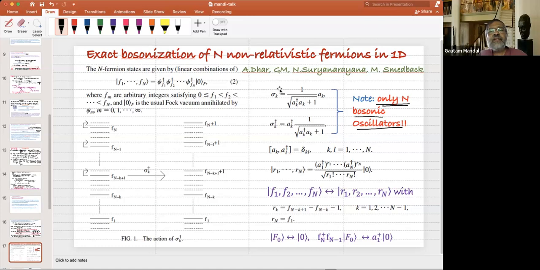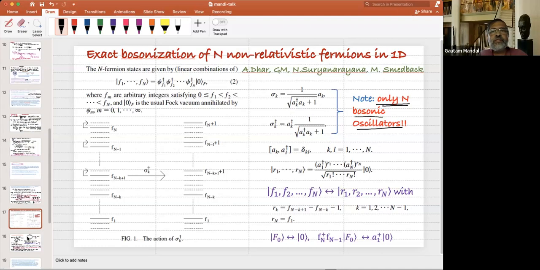Then the sigma k and sigma k dagger are related to something known in the literature of non-commutative solitons, given by the square root division. And with that, you can show explicitly that A_k A_l dagger is equal to delta_kl, R1, etc., and everything works out.